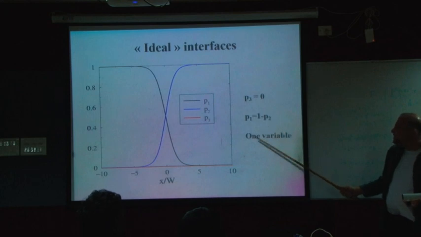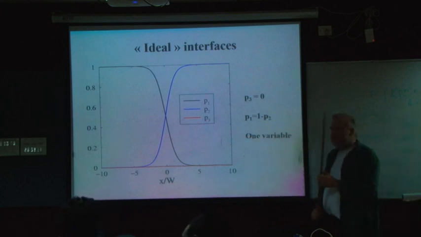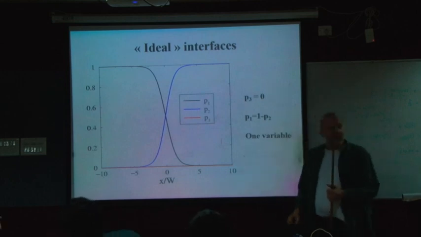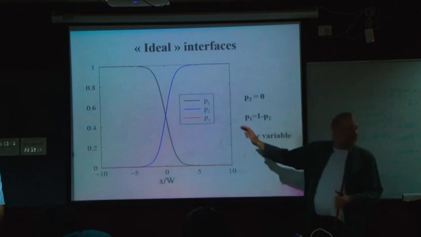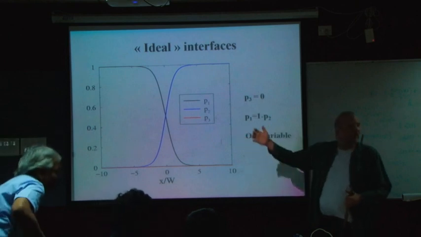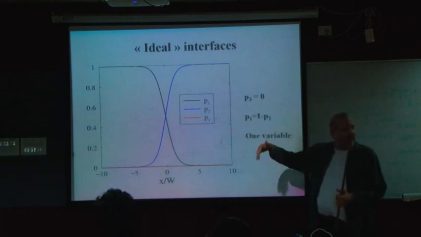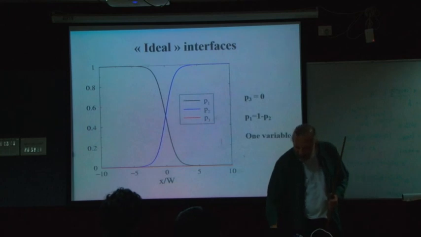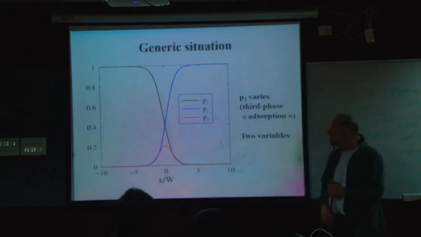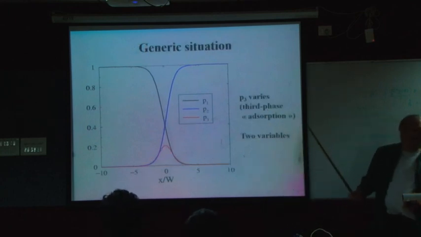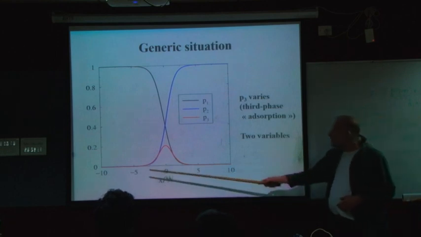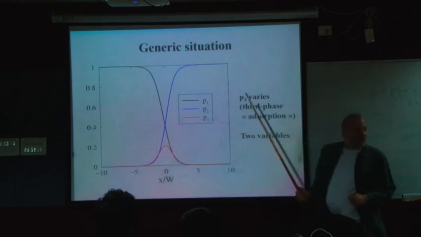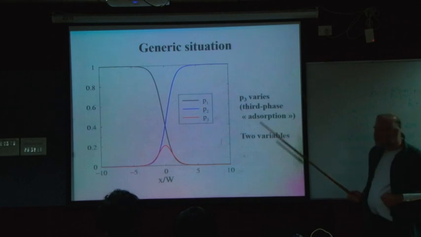So you can eliminate P2 and you get an equation for the interface that can be written in one independent variable. Now if you just pick any function that has the shapes that I have plotted in the slide before, you will actually get this. That is, P3 will not be 0 all the way along, okay?